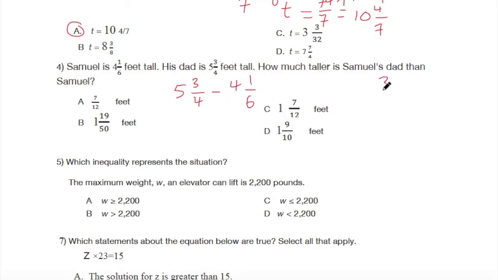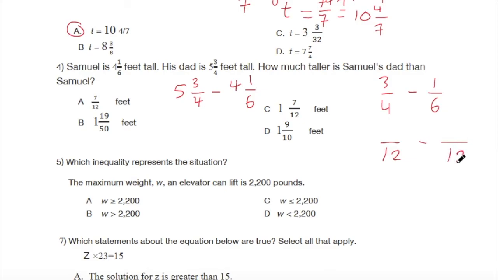For 3/4 minus 1/6, we have different denominators. So what shall we do? Of course, we have to get a common denominator for both, which is the LCM of 4 and 6. So we're gonna take 12 as the common denominator.